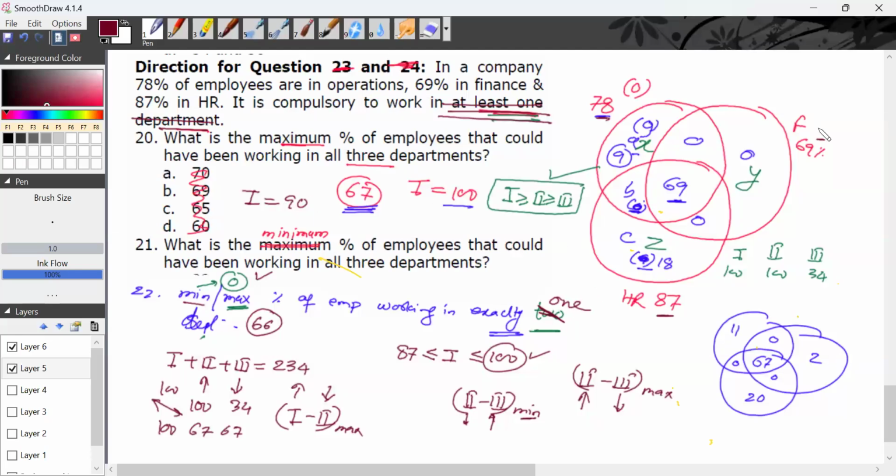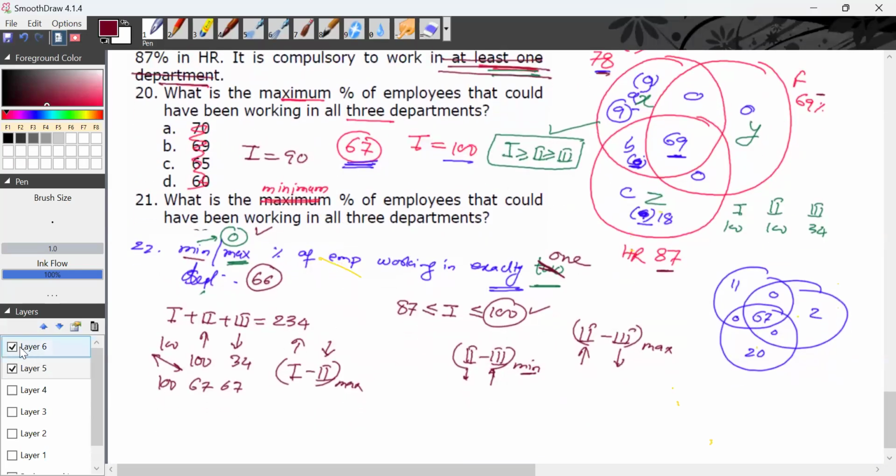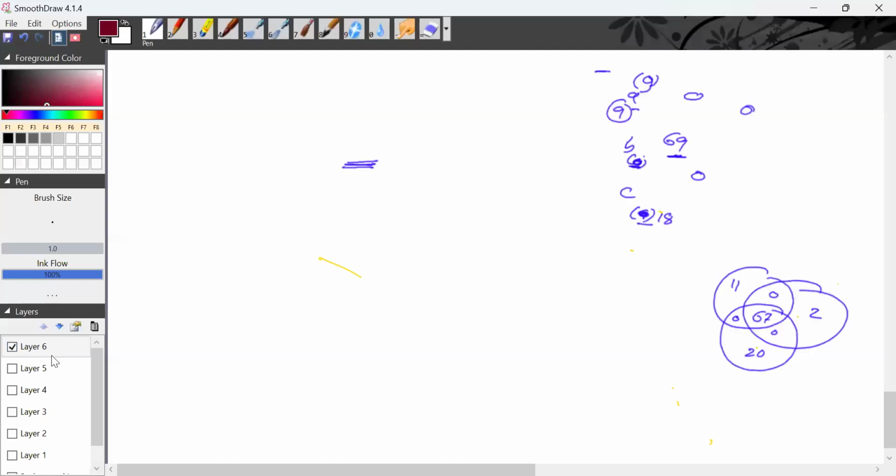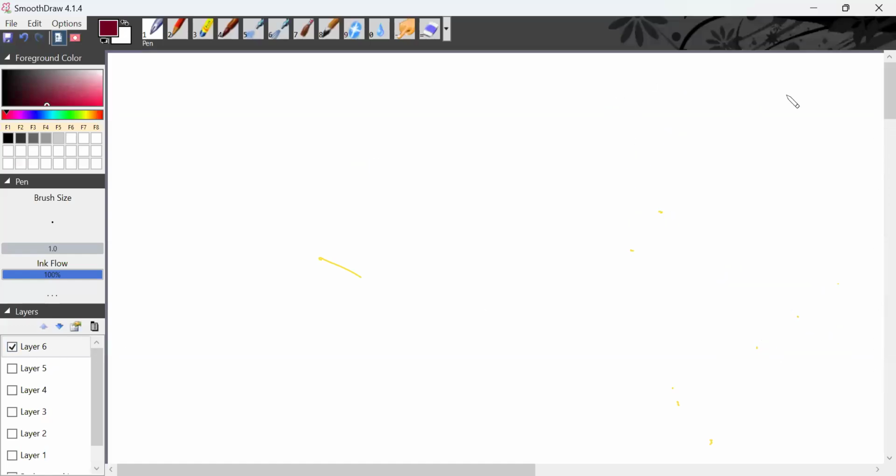चलो हम क्या करते हैं ना, let us solve this question. We can create lot of questions. 78 ऑपरेशन में थे, 87 HR, 69 I think finance, correct?